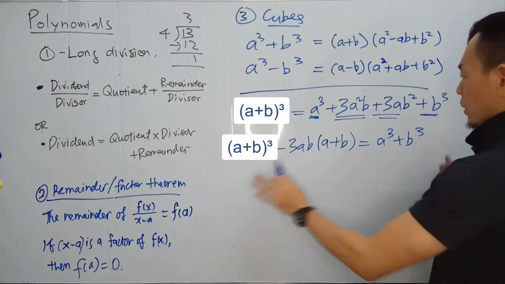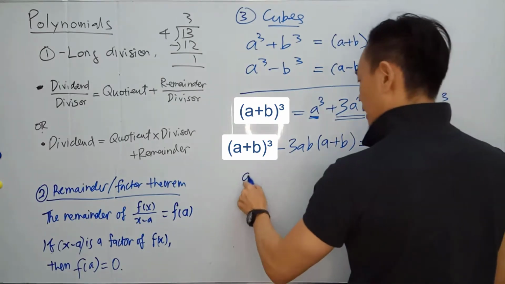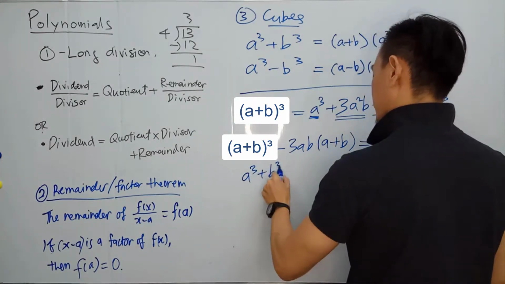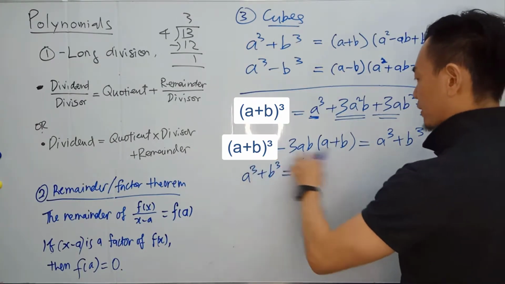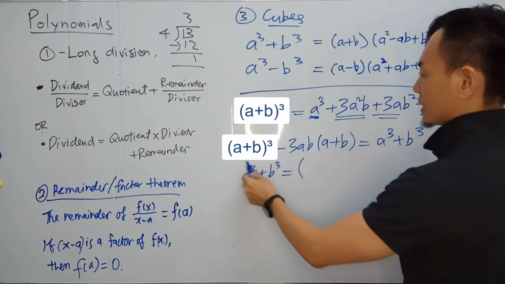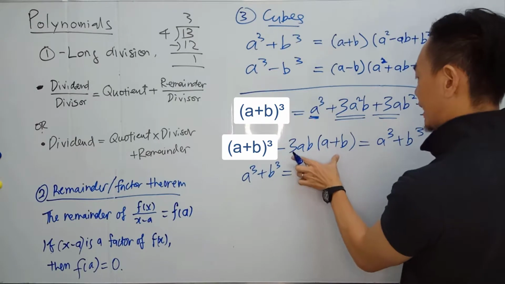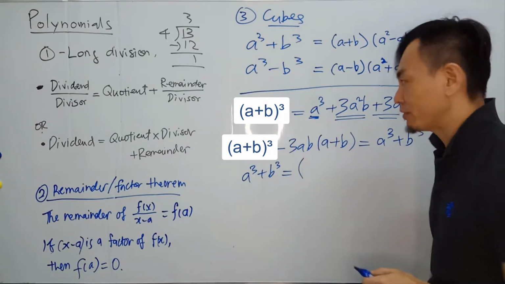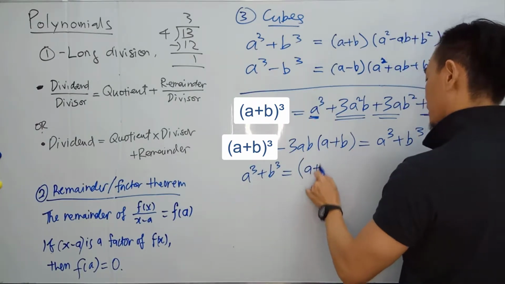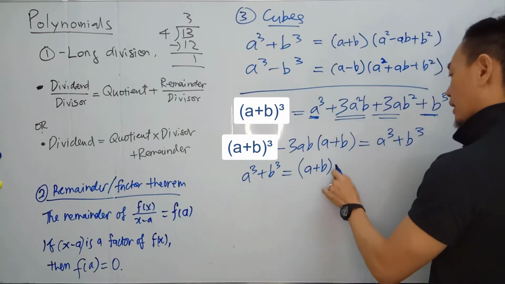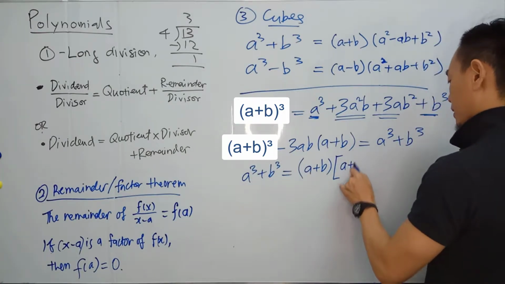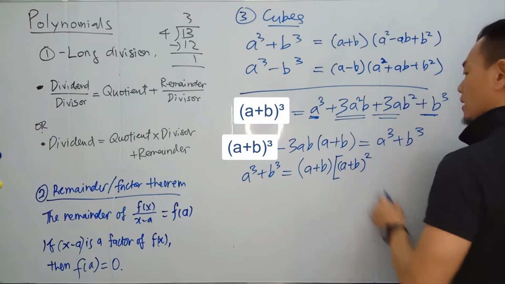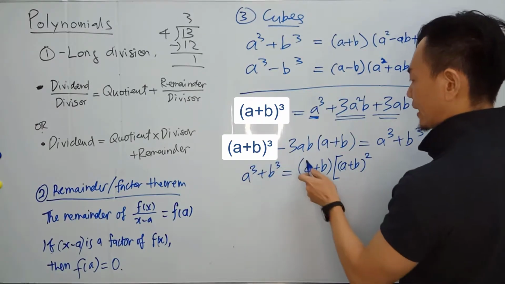So we're going to swap this. A cubed plus b cubed is equal to, you can see that you have these two terms here. This is the first term, this is the second term, and a plus b is a common factor. So I'll factor out a plus b. And I have (a plus b) squared, because from (a plus b) cubed, I factor out a plus b.